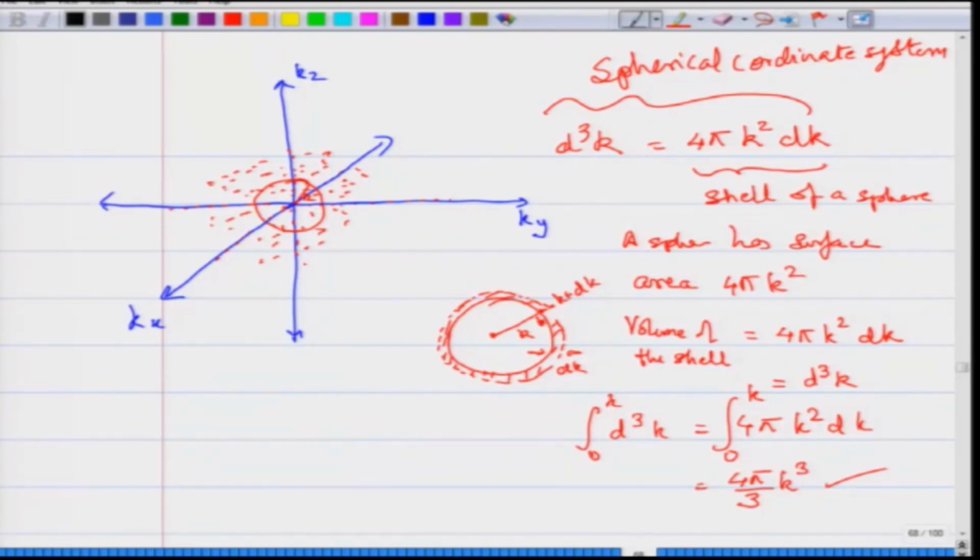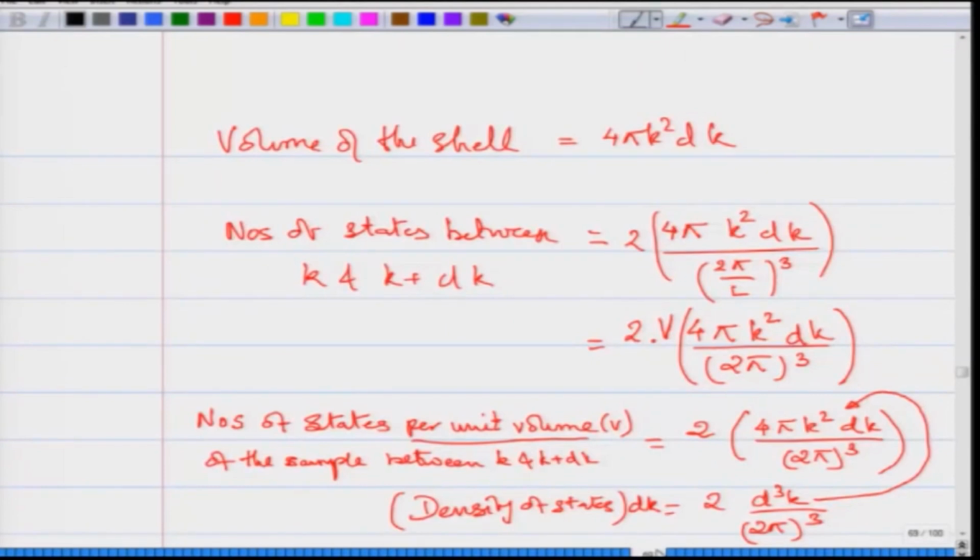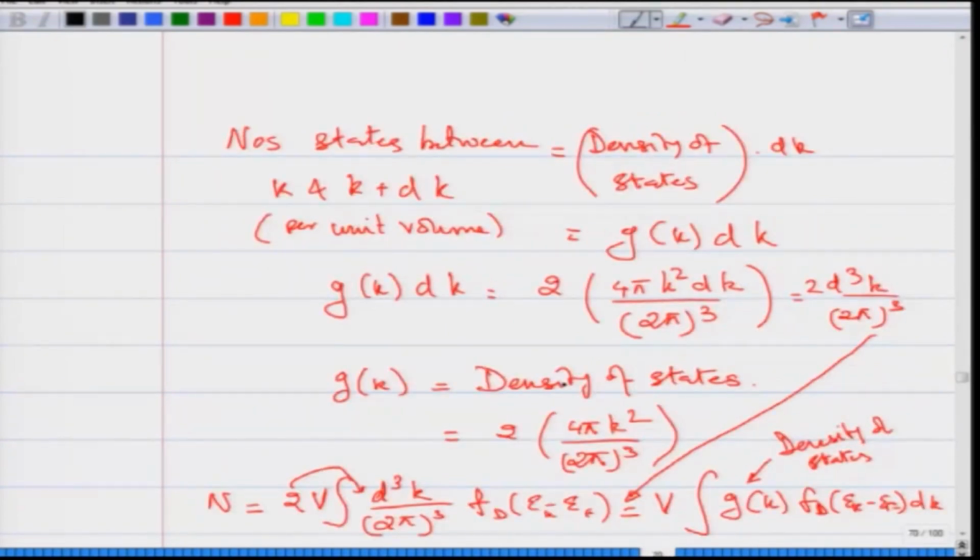You divide it by the smallest volume which is available, and then you will have a measure of the density of states, where Gk is the density of states and Gk dk is the total number of states per unit volume which are present between that momentum interval of k and k plus dk.